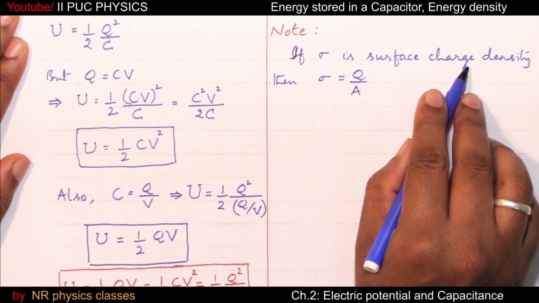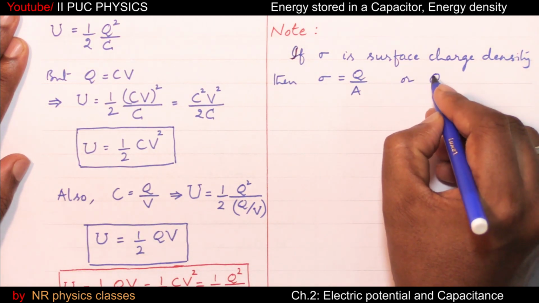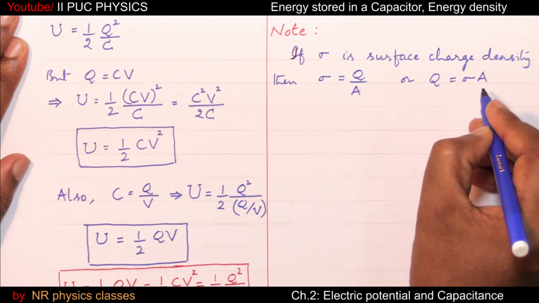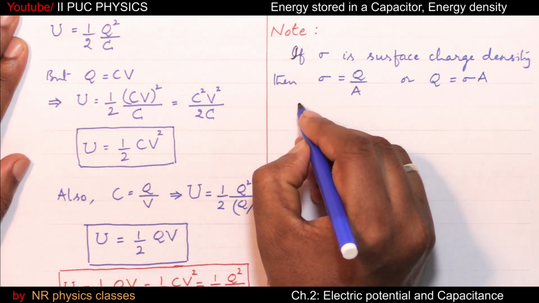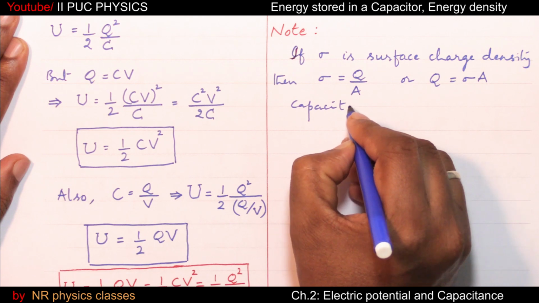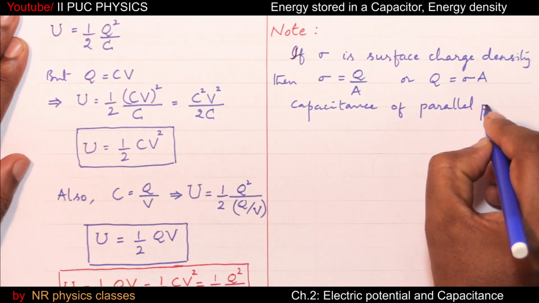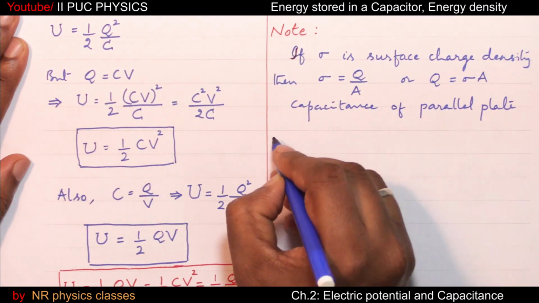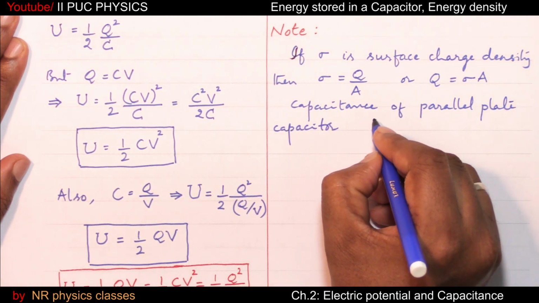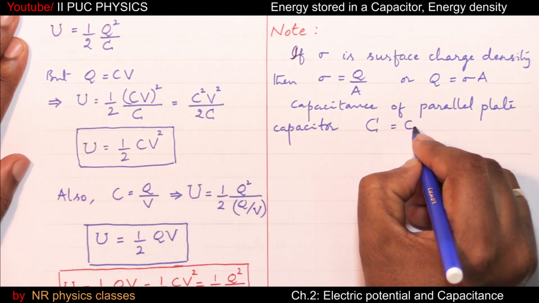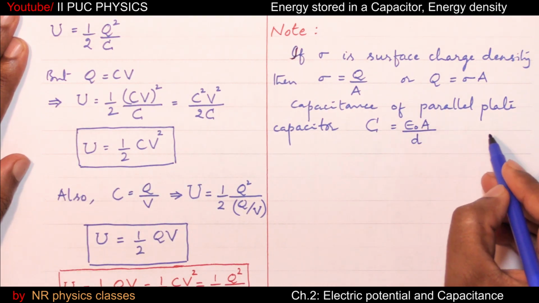If sigma is surface charge density, then sigma is Q by A, or Q equals sigma A. Second expression, capacitance of a parallel plate capacitor: C equals epsilon naught A by D. What is A?